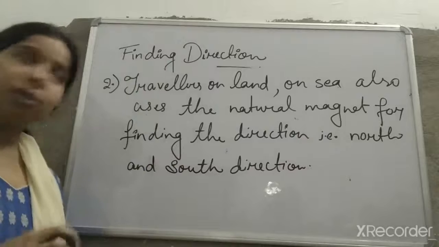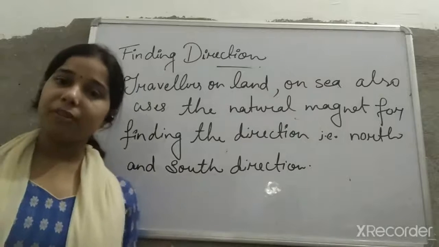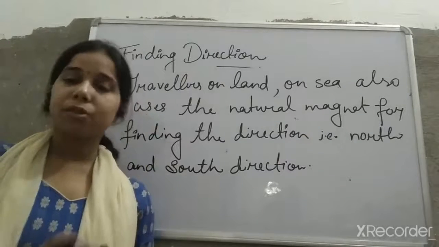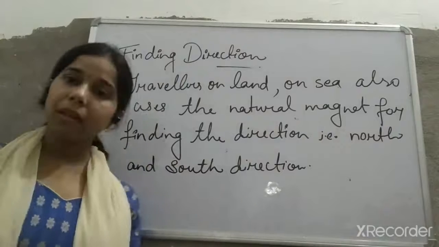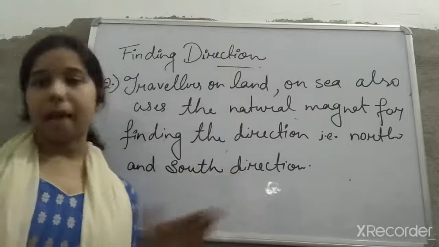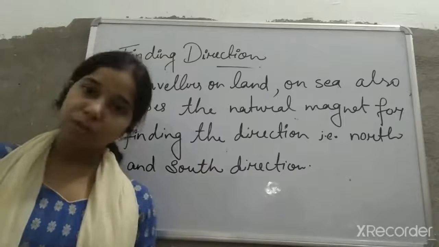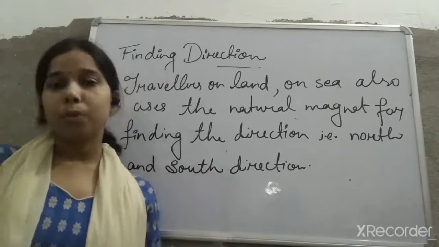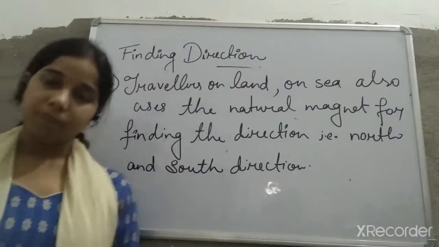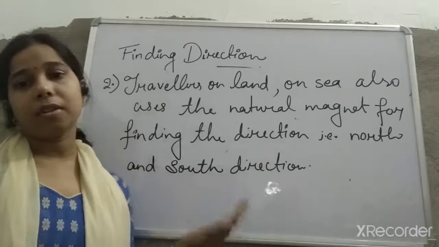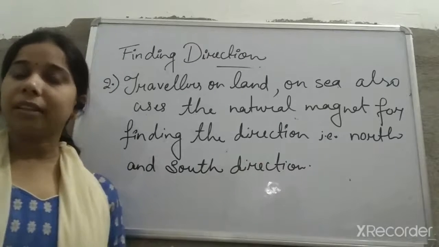Okay. So student, not only the travelers on the land, but the travelers who travel on the sea also use this magnet, and this helps in giving the direction to them. That is the north direction and the south direction. So this is the condition for the natural magnet that helps in giving the direction.